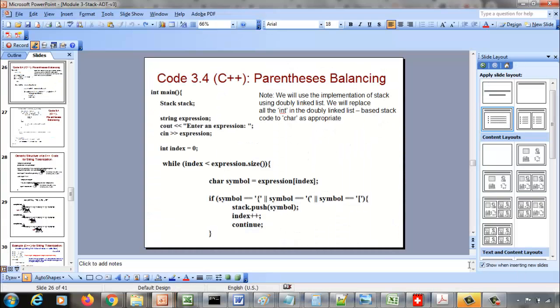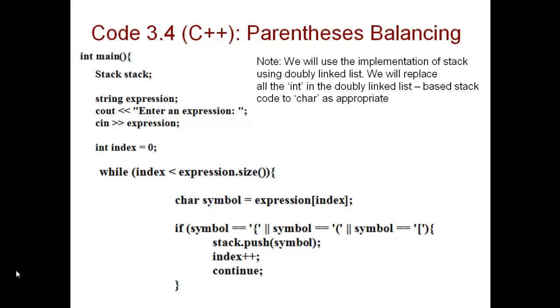All right, so index less than expression dot size, it's true because index is 0, and expression dot size has a length greater than 0. So we get inside the loop and get the character at a particular index. I store it in symbol as the variable name. So now I check if the symbol I have at that particular index is any of the open parenthesis symbols.